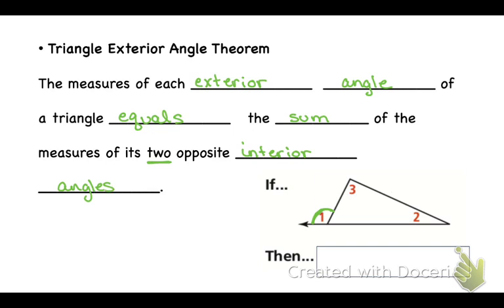So that means the measure of angle 1 equals the measure of angle 2 plus the measure of angle 3.